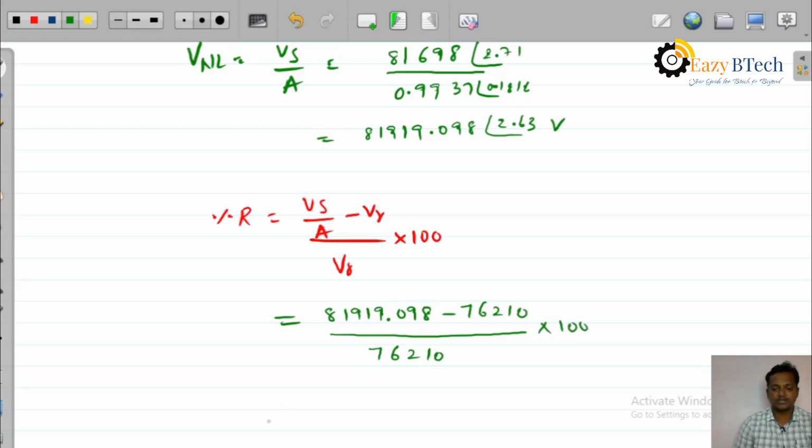You get the percentage regulation for the nominal pi method as 7.49 percent. Okay, this is the way we calculate ABCD parameters, Vs and percentage regulation in the nominal pi method.